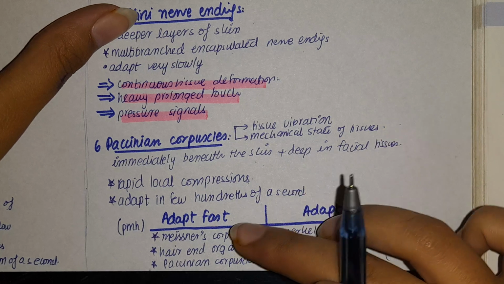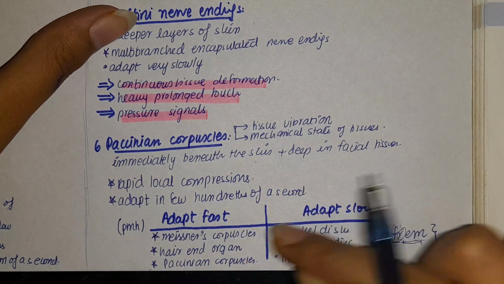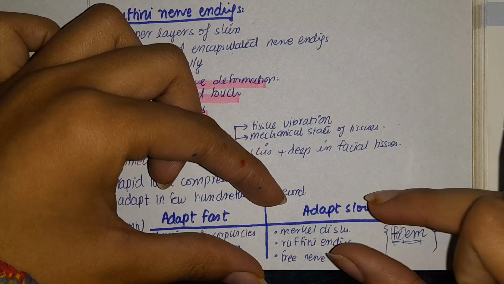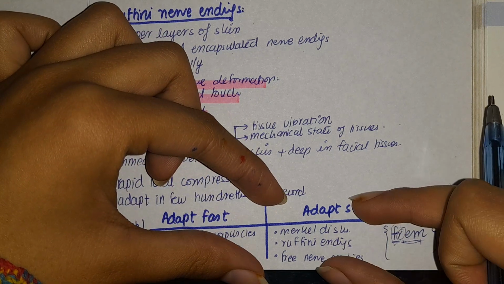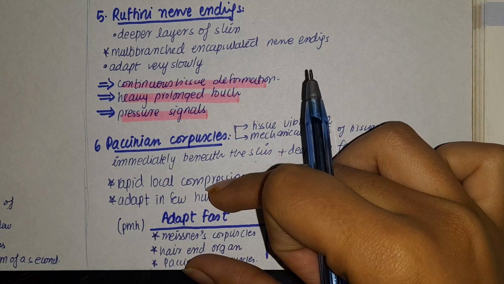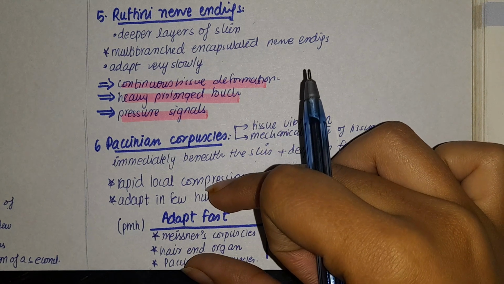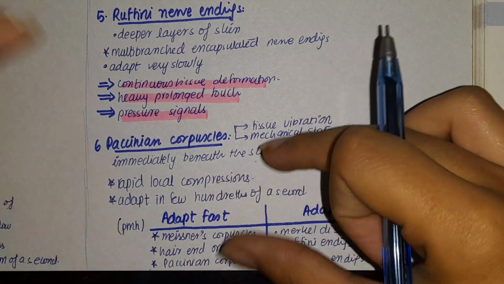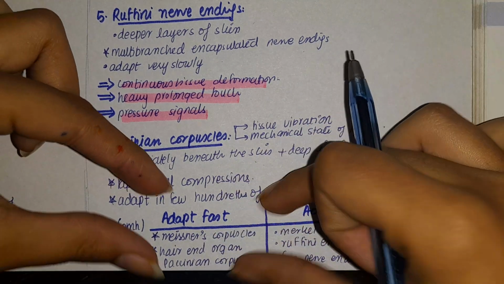So this is how you can remember the ones which adapt fast and the ones which adapt slow. The ones which adapt slow are involved in continuous deformation, pressure sensation, prolonged touch. Whereas the ones which adapt fast are involved in detection of any change in movement, any local compression, rapid compression, all of that is by fast adapting ones.